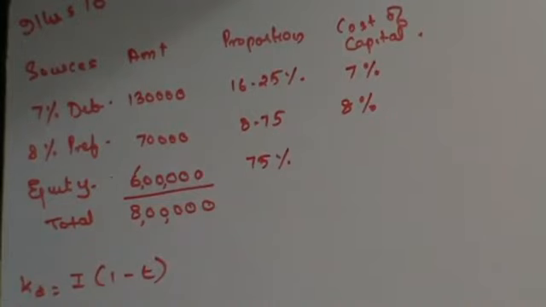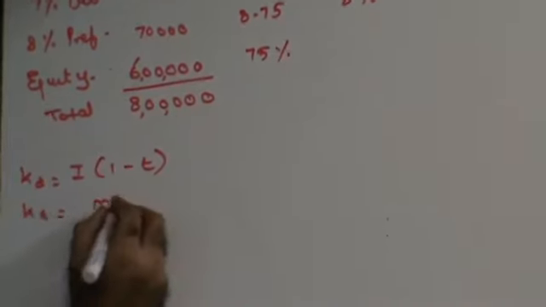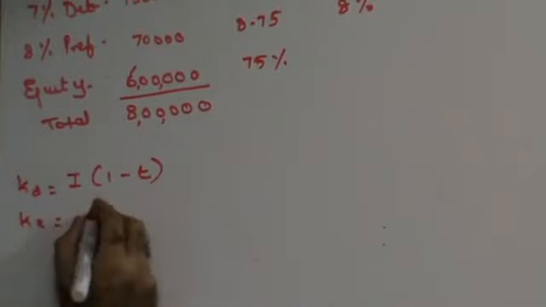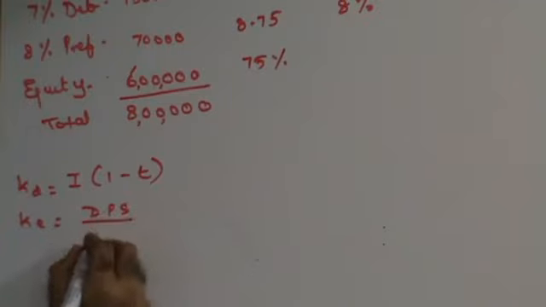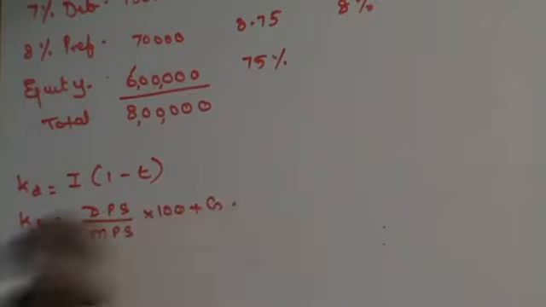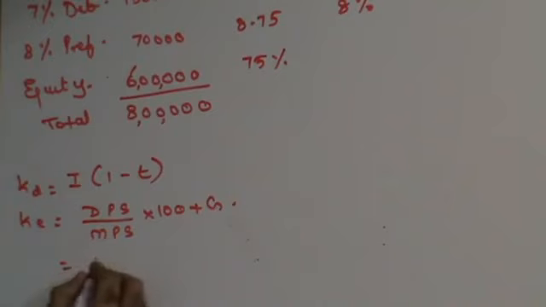Cost of equity is given by the formula dividend per share upon market price per share into 100 plus growth. Right in the beginning they said that a dividend of 10% a year has been paid on equity shares.